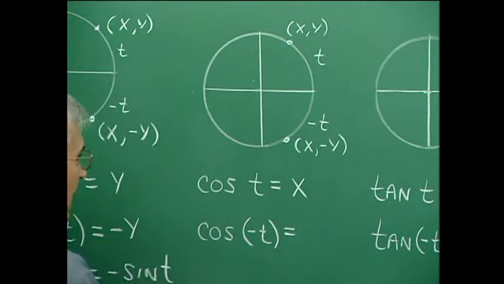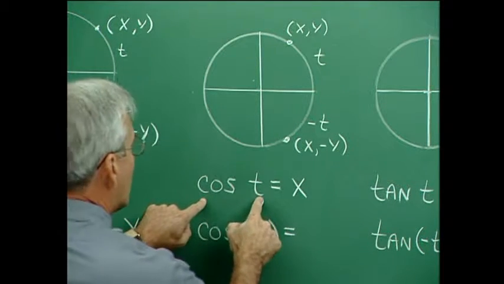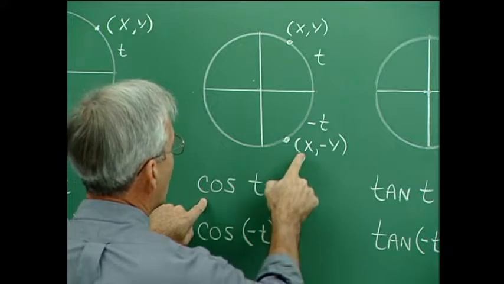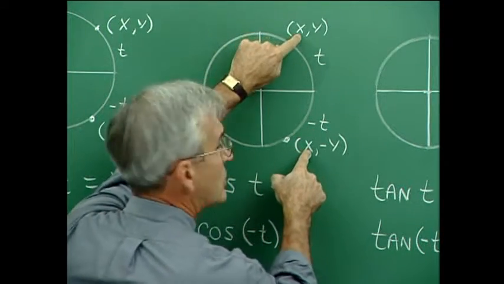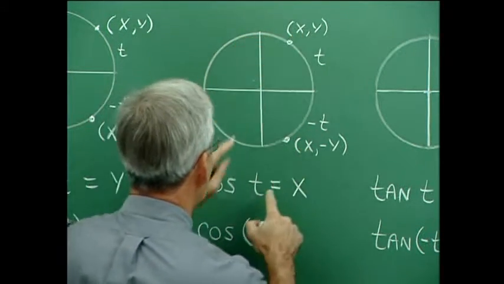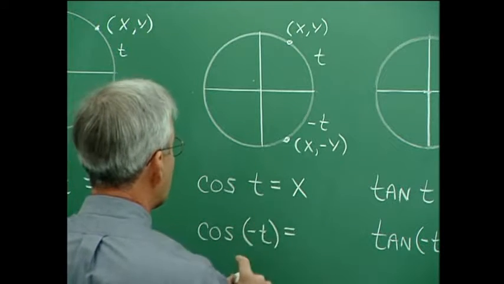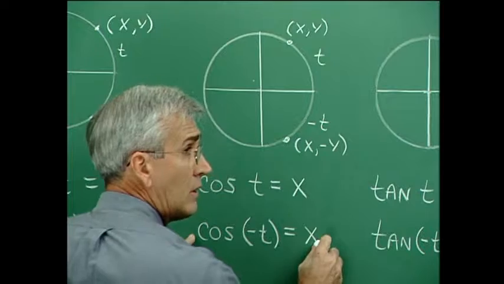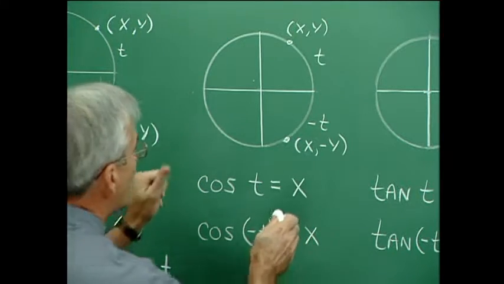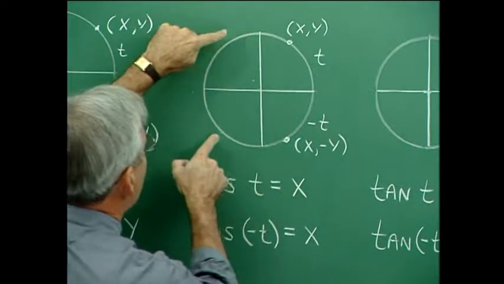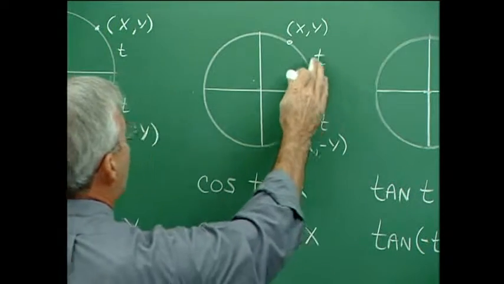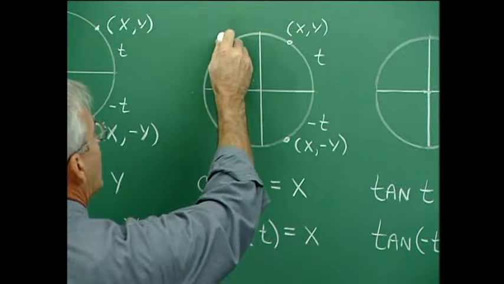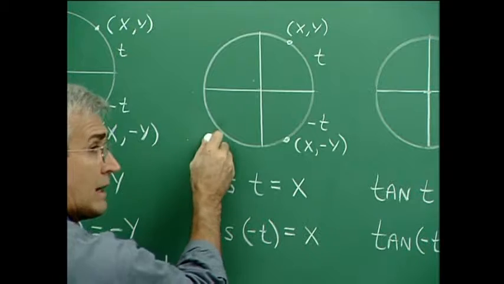Now, we're talking about the cosine of the real number is equal to the x component, and the x component is the same for both of these. So if the cosine of t is equal to x, then the cosine of negative t is also x. You see, that's true even if we're talking about a t that has an xy pair up here and an x negative y pair down here.